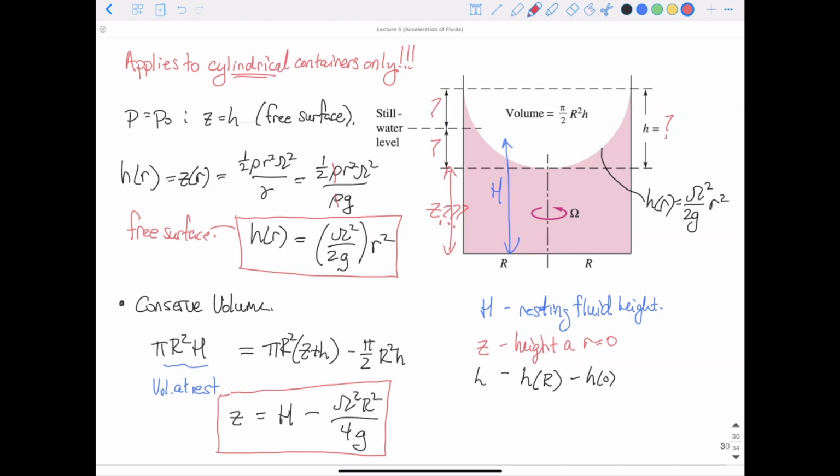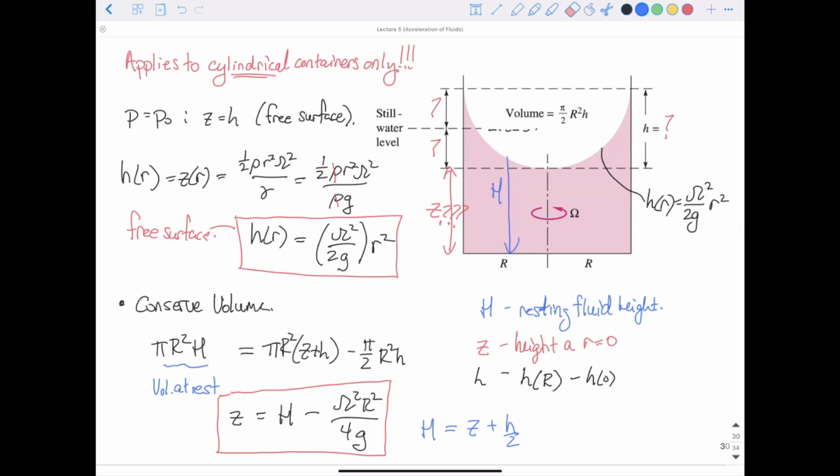And quite interestingly, h is also equal to z plus h over 2. So if we redraw this over here, let's continue this line.